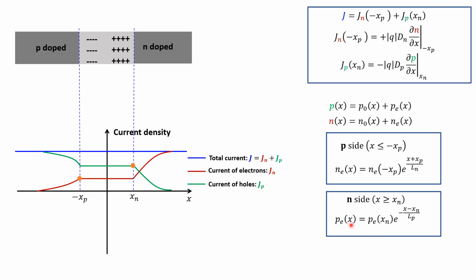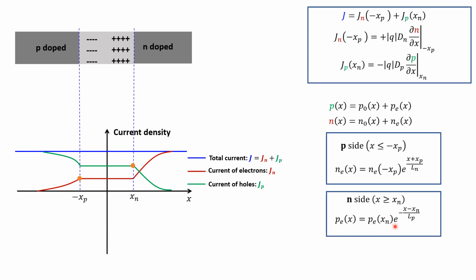So when we replace x with xn, in other words, when we evaluate this concentration at this point, we must get this value, and that's exactly what we get, because we're going to have xn here, this is going to be 0, and this is going to be 1. So this is just the boundary condition that imposes that the concentration at this point is given by this value.